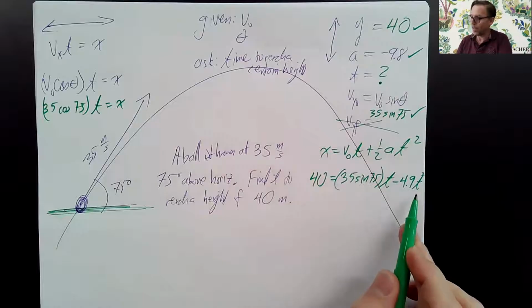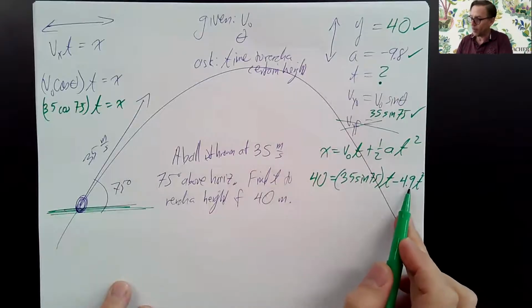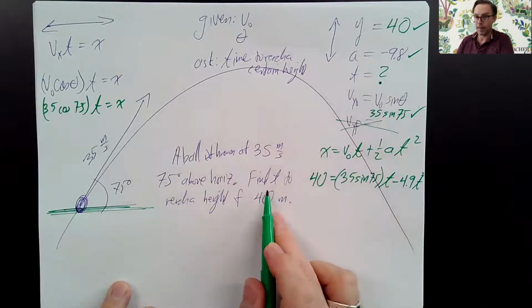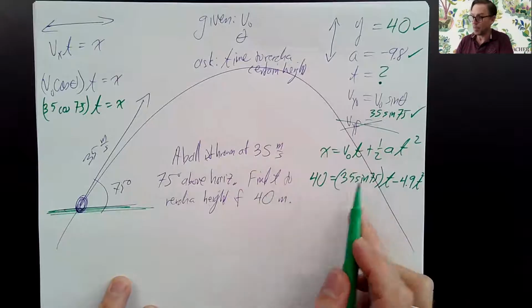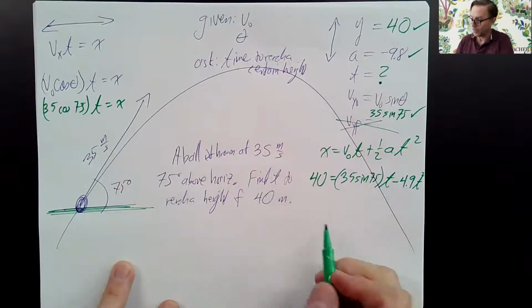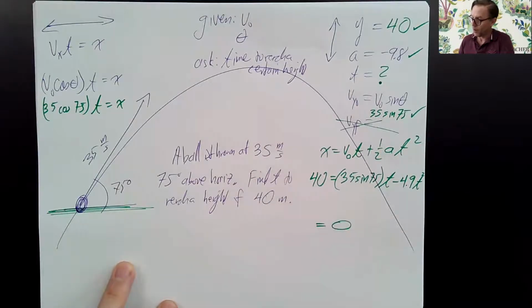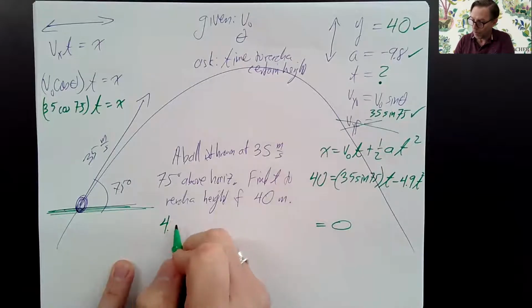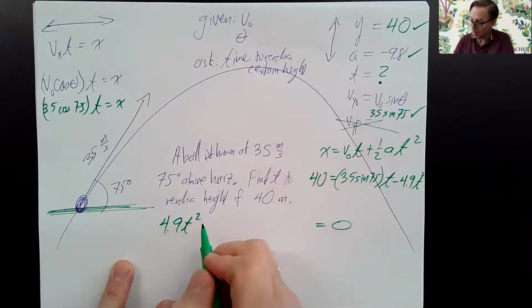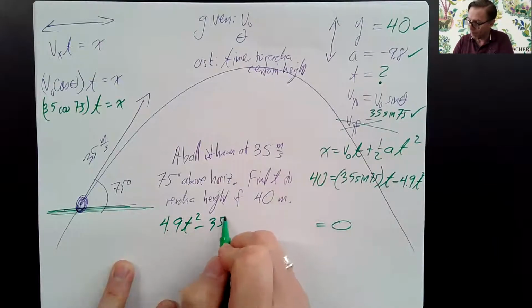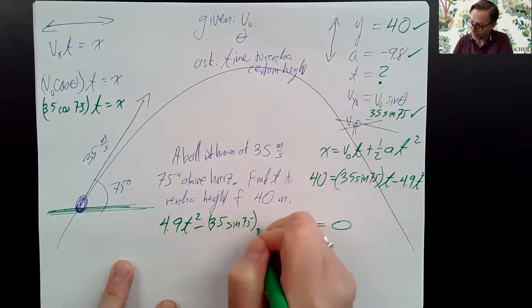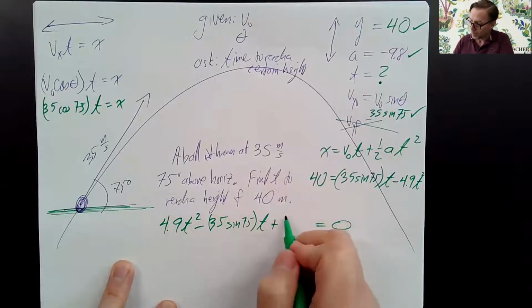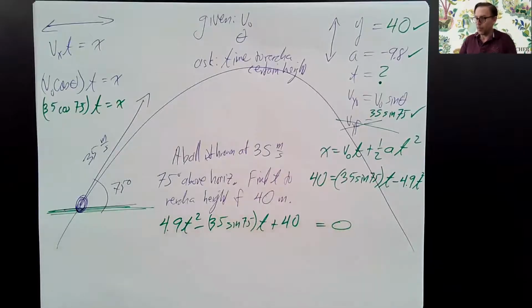I'm going to rearrange that so that the negative t squared becomes positive and it's on the left, so that this positive thing, 35 sine 75 t, becomes negative on the left and the 40 stays on the left. And then I just have 0 on the right. So I've got 4.9 t squared minus 35 sine 75 t plus 40 equals 0.